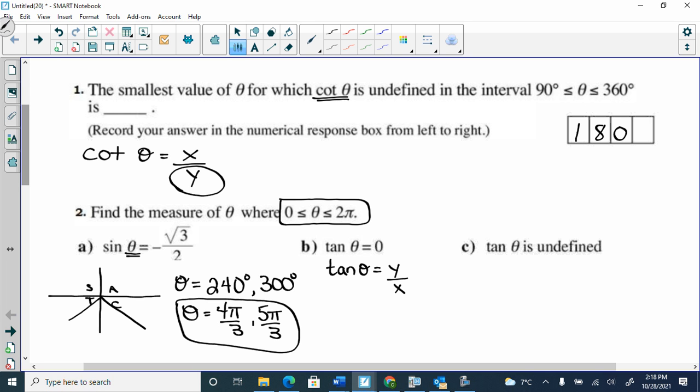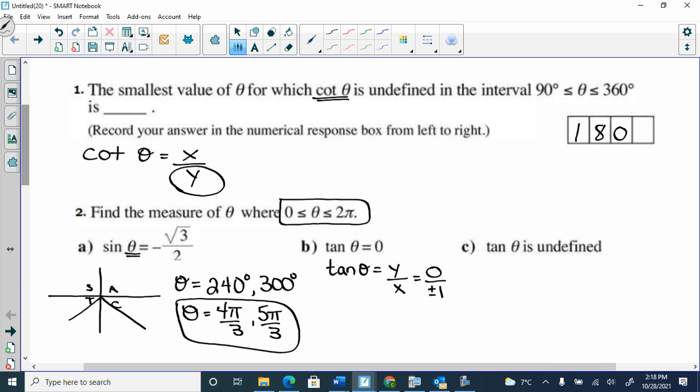How can I get something to equal 0? What has to be 0, the y or the x? The y. You can't divide by 0, can you? No. So this could be any number, but the only numbers we have options for are plus or minus 1, technically, correct?